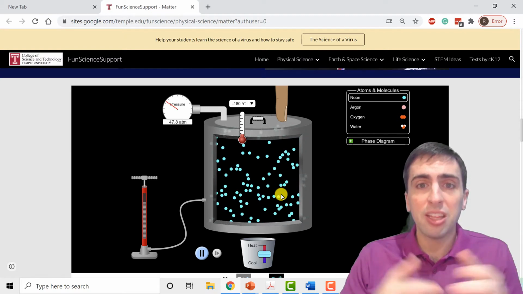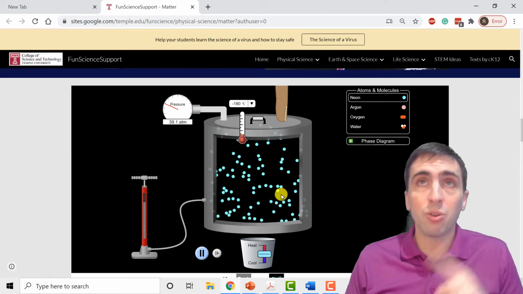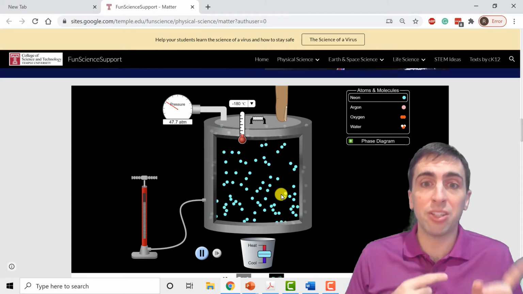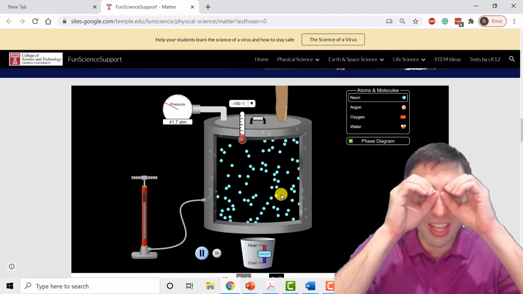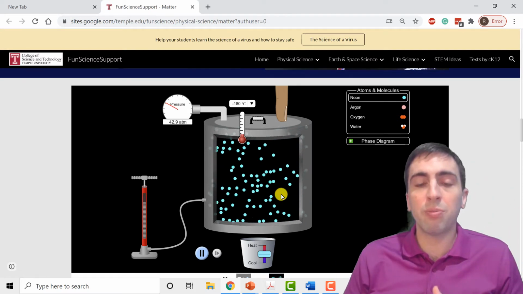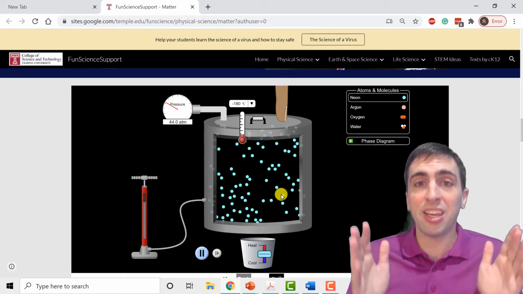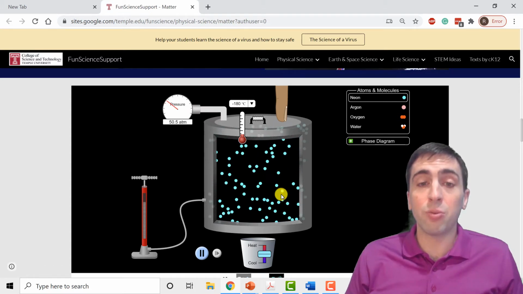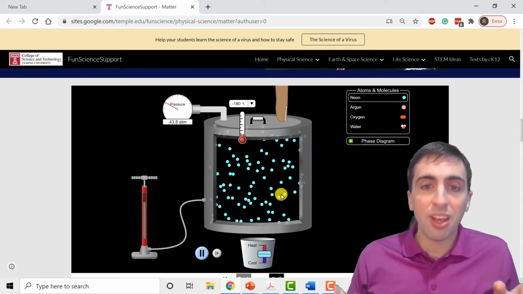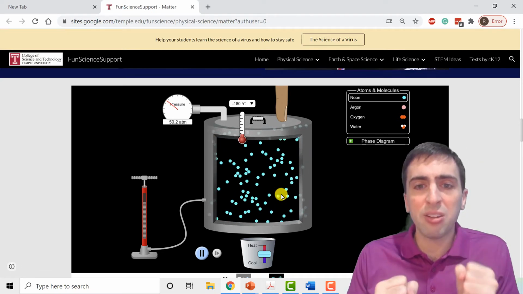And we can look at these particles because we know about particles and matter from our last unit test. I think that these particles are moving around so much that this is a gas. Wow, so we added heat, the particles start moving, and it changed from a solid.